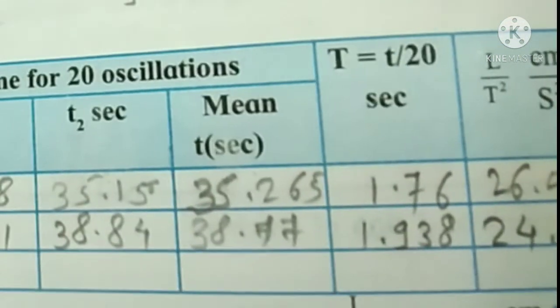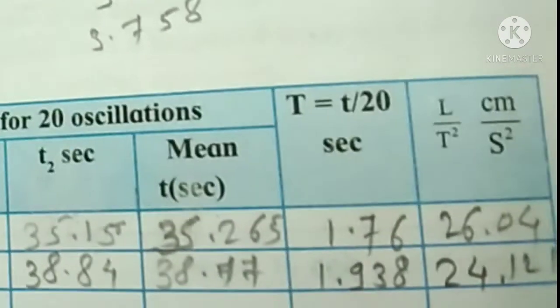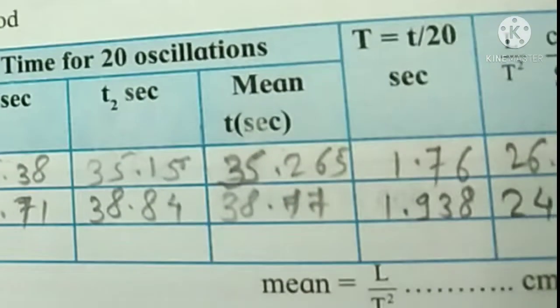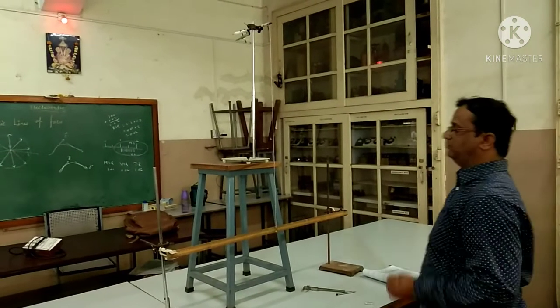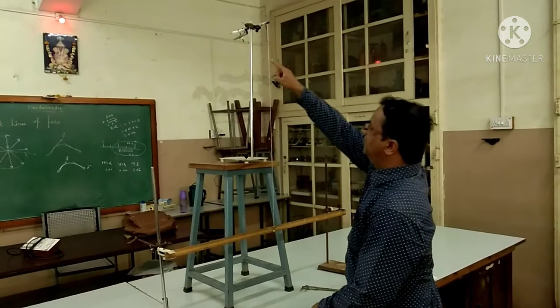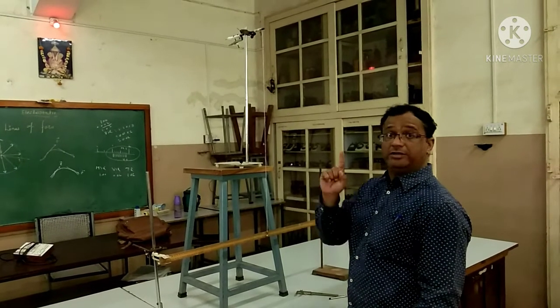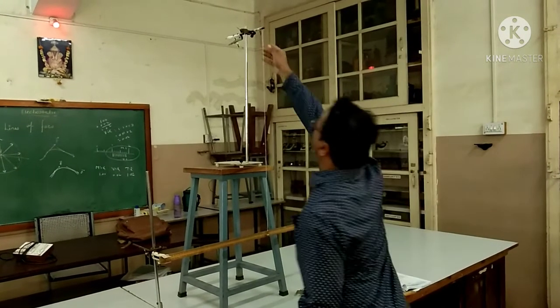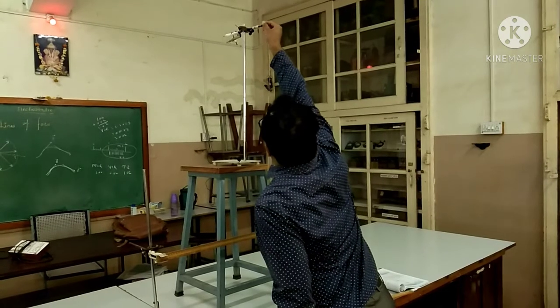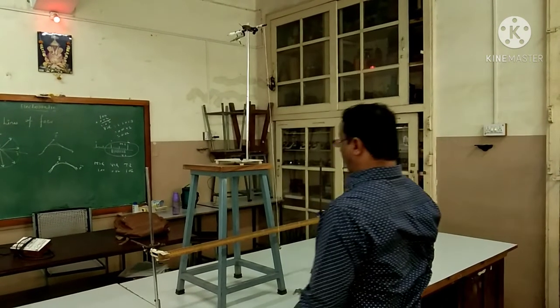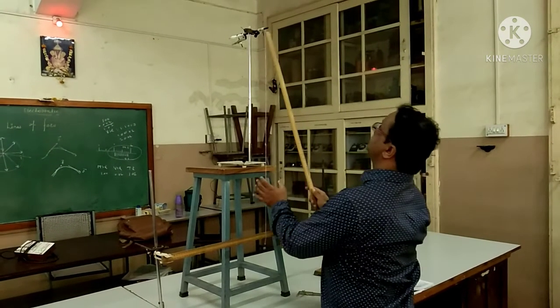Now we want to take the third one, that is for the 100 centimeter. Now we want to take the length of the string as 100 centimeter, that is 1 meter. See here. Again here we want to take this length from the point of suspension.